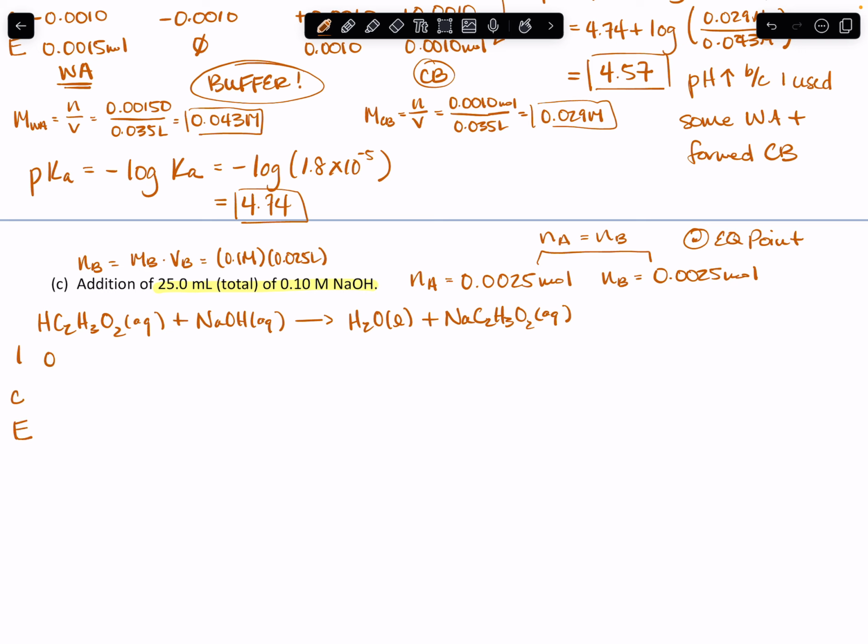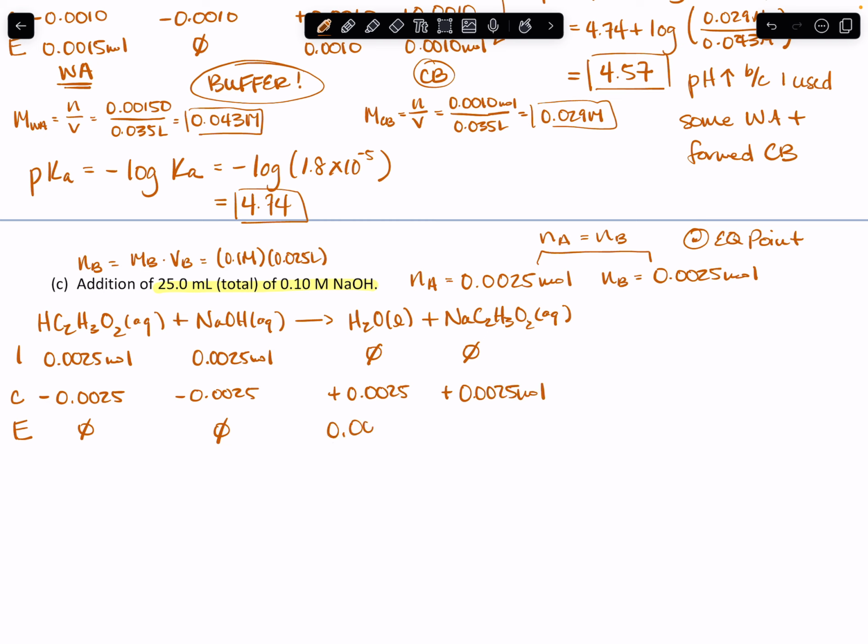Initial amount of acetic acid, 0.0025 moles, initial amount of base, 0.0025 moles, no water, no sodium acetate. Now this time it's the same, so we're going to change the whole thing, minus 0.0025. We're going to use up all the acid and all the base. On this side, we are going to have water form, 0.0025 moles of it, and we're going to form the same amount of sodium acetate.